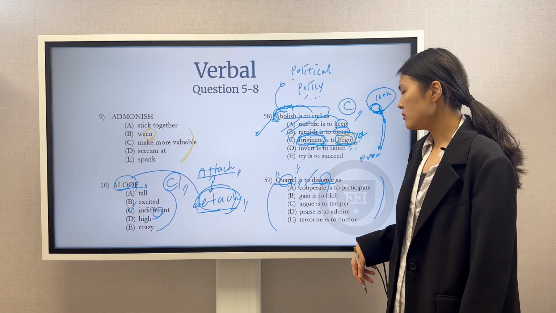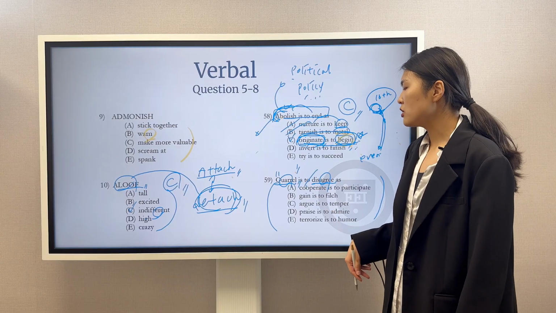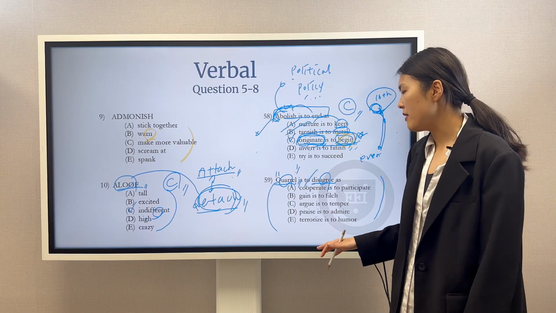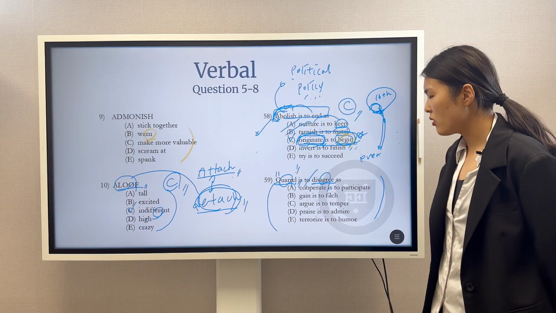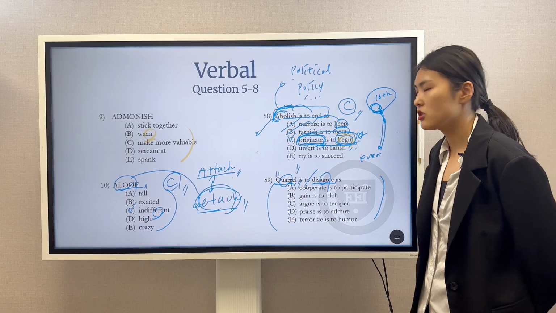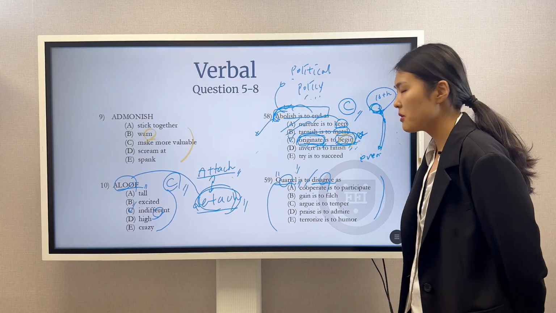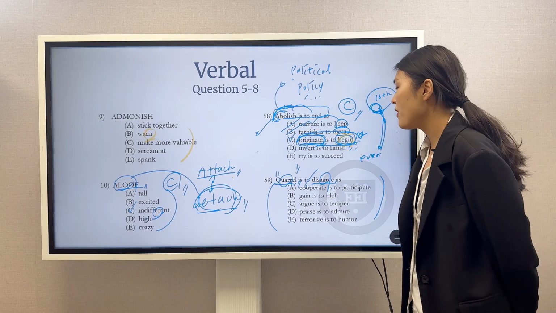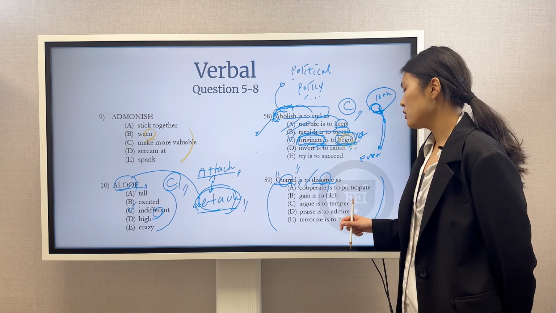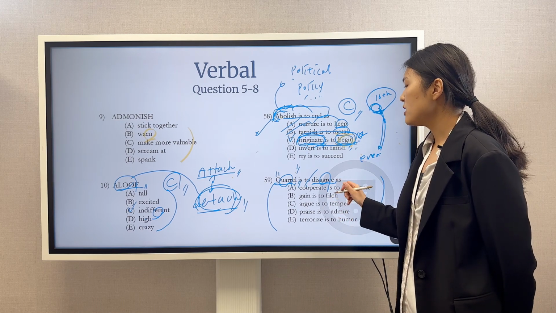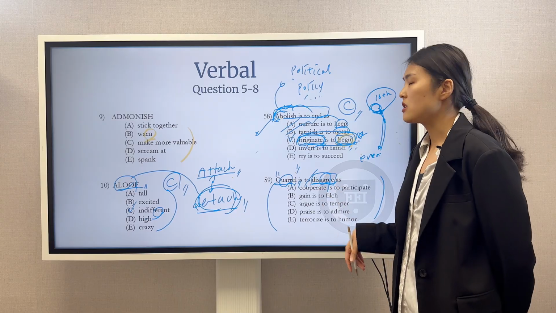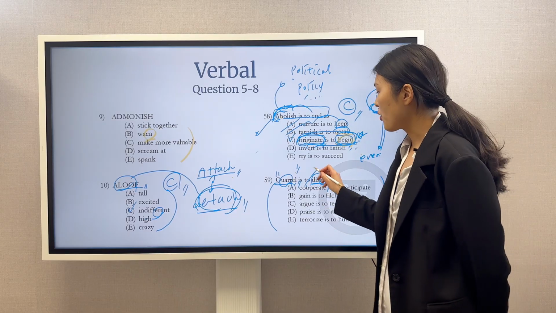So, what kind of relationship do they have? Again, you can't just say quarrel is similar to disagree. No, that's not true. Quarrel is not a synonym of disagree. We have to go a bit further. Well, how about this way? Can we say disagree is a cause of quarrel?